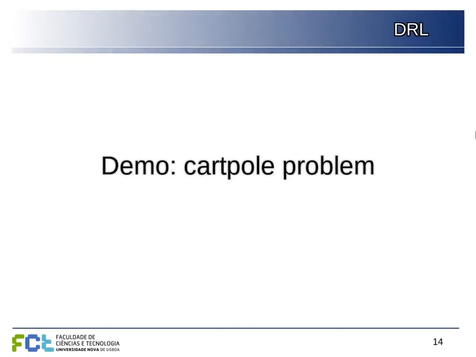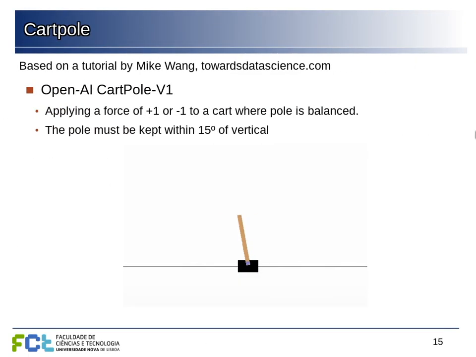Okay, so let's see a demo in the cart pole problem. This is the cart pole problem where at each play, we can decide if we apply a force of plus or minus 1 to the cart. So this is just a difference in the direction.